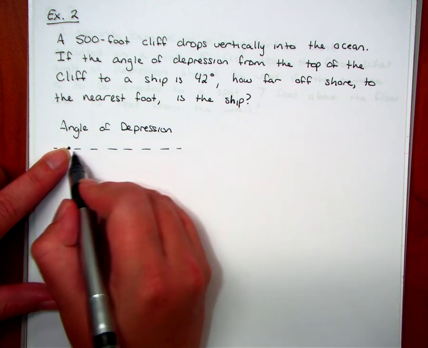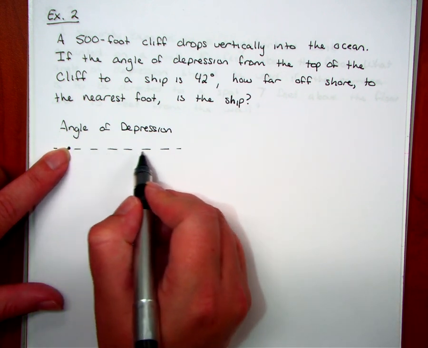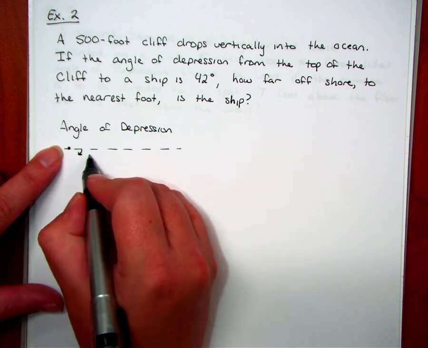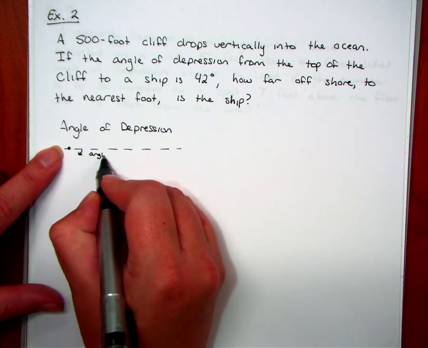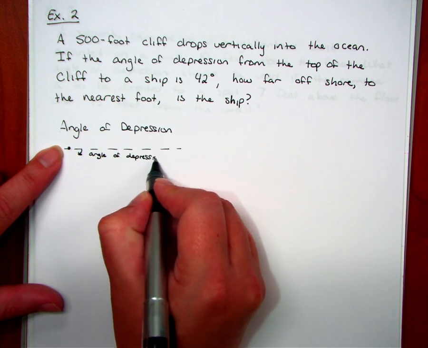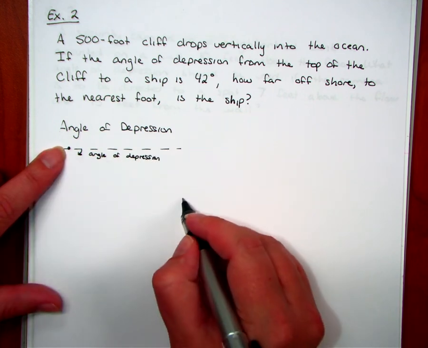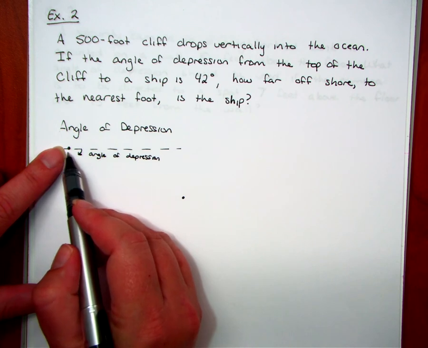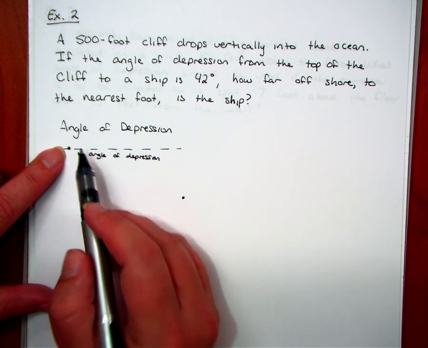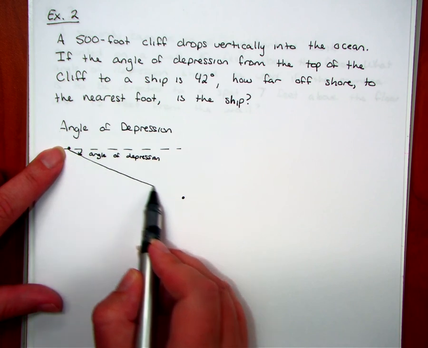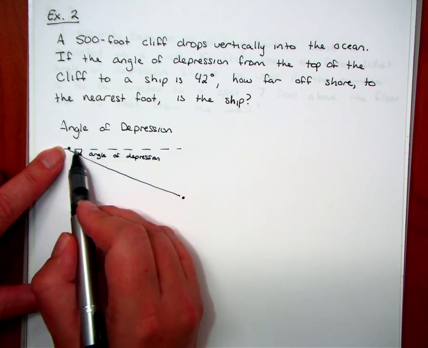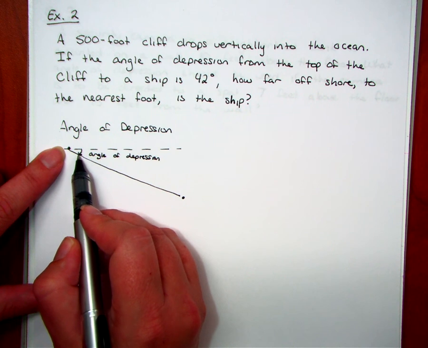And so the angle of depression is going to start from this horizontal line and rotate down. Okay, this is the angle of depression. So that would happen in this example when someone is on a cliff and looking down at a ship, okay? And so the angle of depression, though, is from the horizontal line of the person and then rotating down.